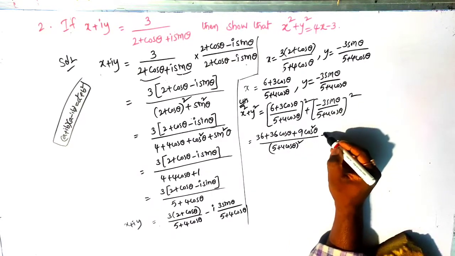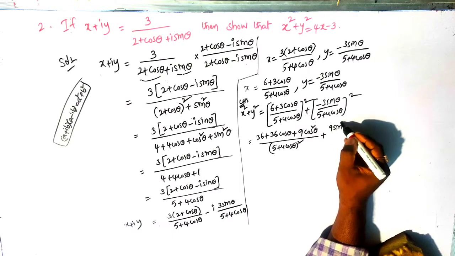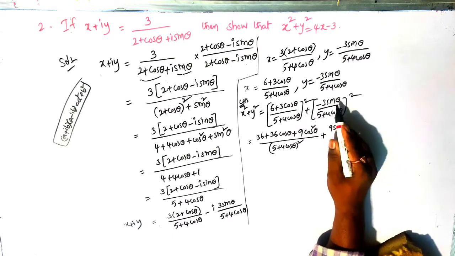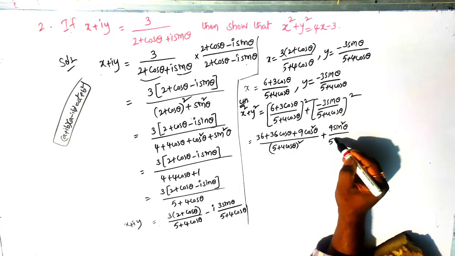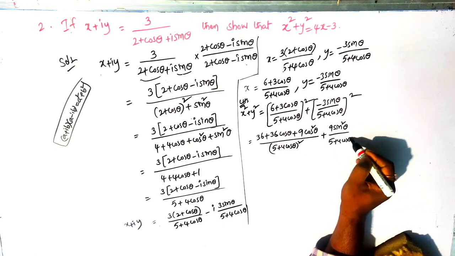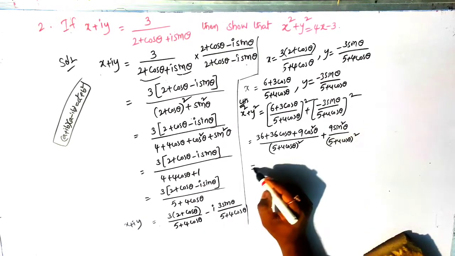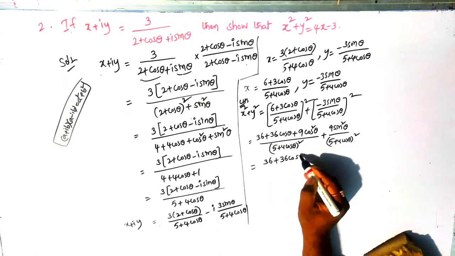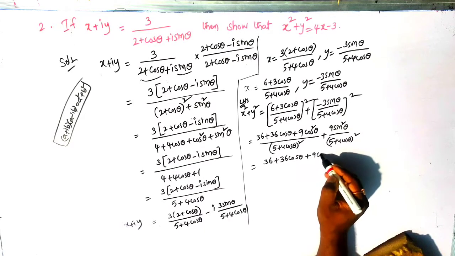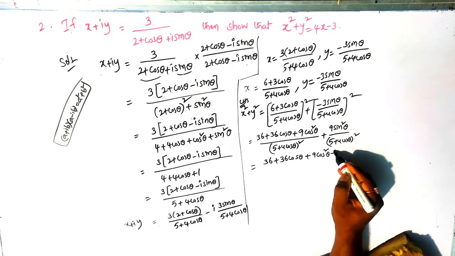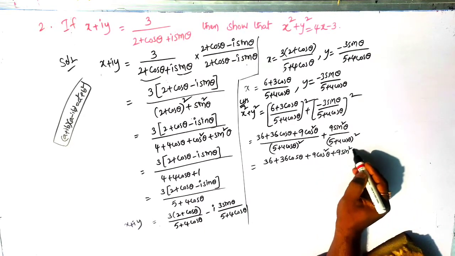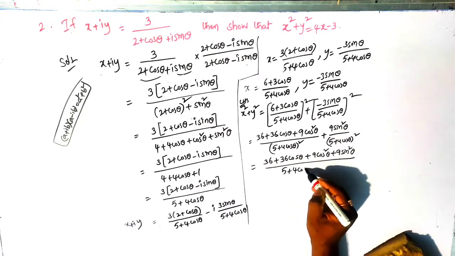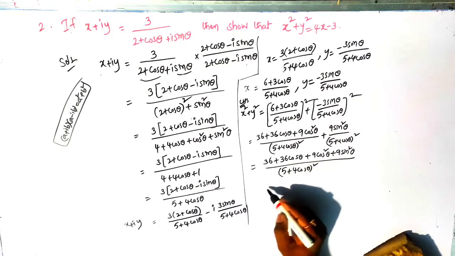Because here also, (minus 3) whole square is 9, and (sin theta) whole square is sin square theta, by (5 plus 4 cos theta) whole square as it is. Now 36 plus 36 cos theta plus 9 cos square theta plus 9 sin square theta, divided by (5 plus 4 cos theta) whole square.